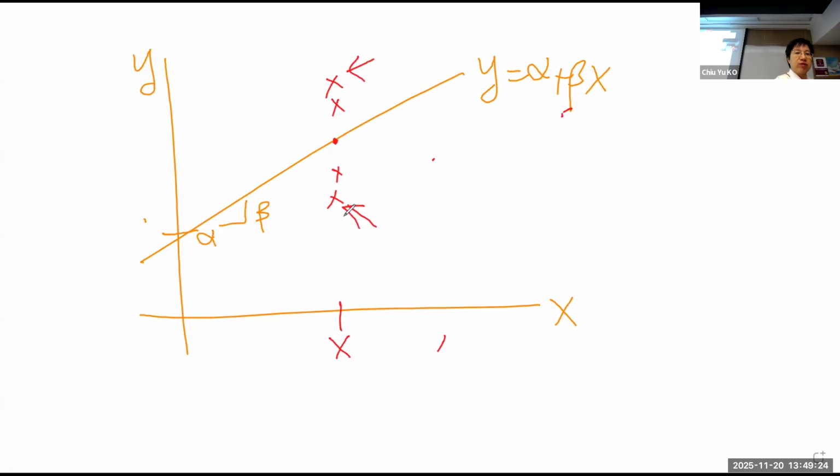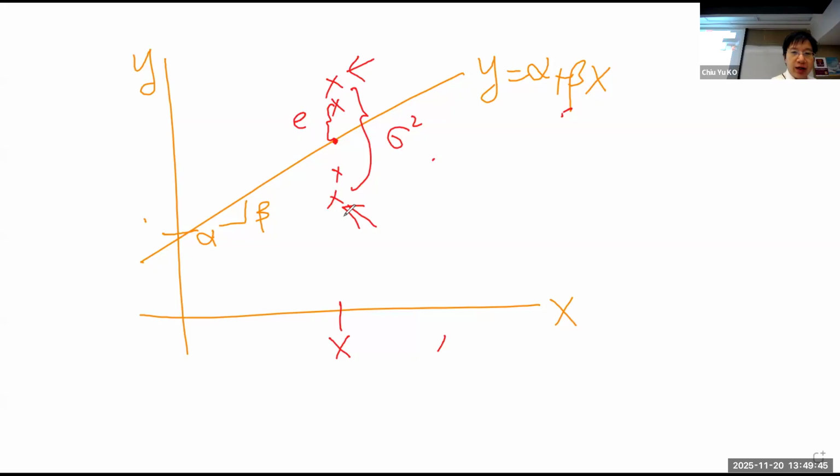Or this guy is someone who had better luck. And the variance of this is sigma square. These numbers all refer to the error, this error.